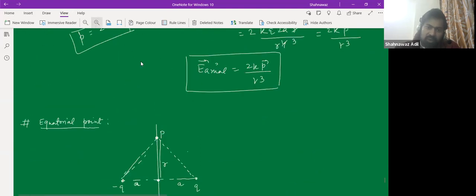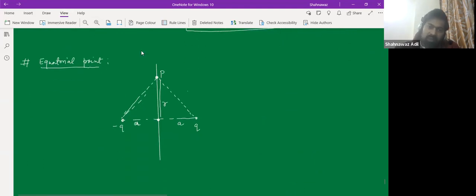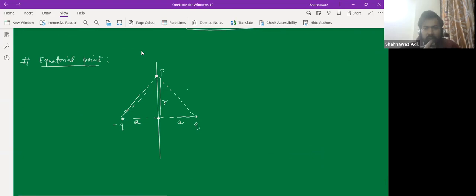Okay. So then we were talking about the equator, the equatorial point, and these are the scenarios. This is A, this is A, and we always measure the distance from this point.